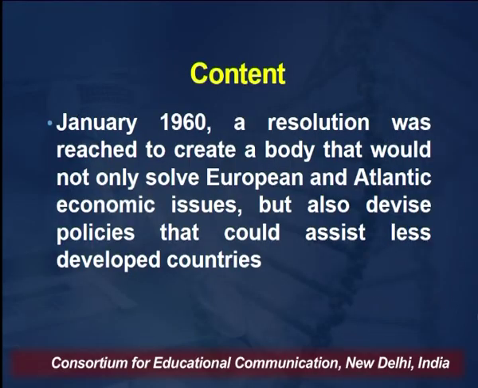In January 1960, a resolution was reached to create a body that would not only solve European and Atlantic economic issues. Now, my point is: why did the European nations and the OECD consider other, less developed nations? The answer is easy. The economy is based on finance, and finance means running a business. Whenever they run a business, they get money, and the total population of European nations is very small.